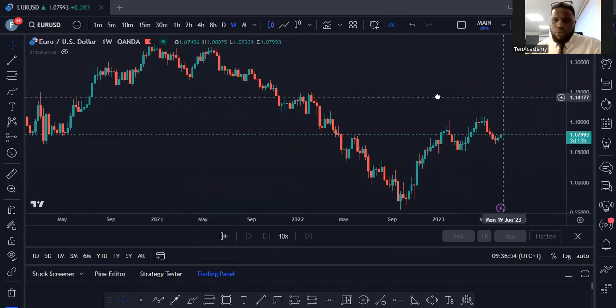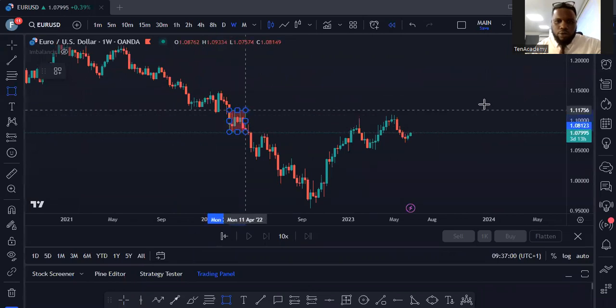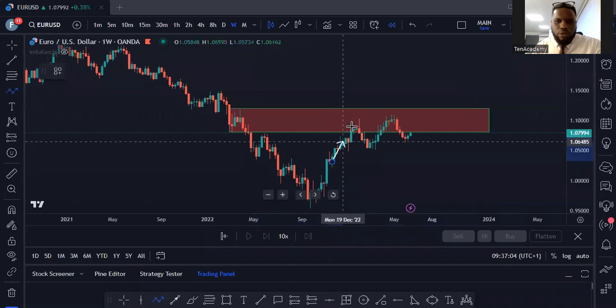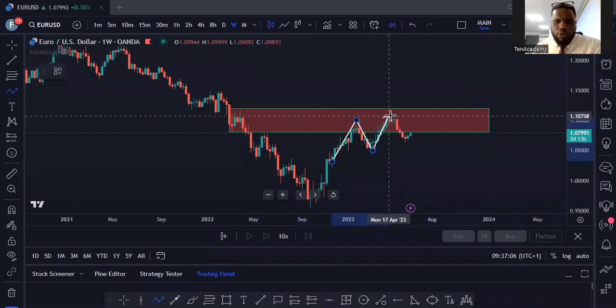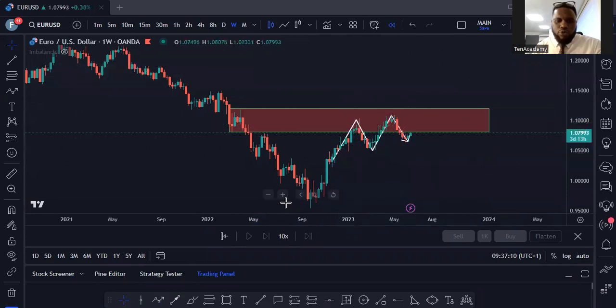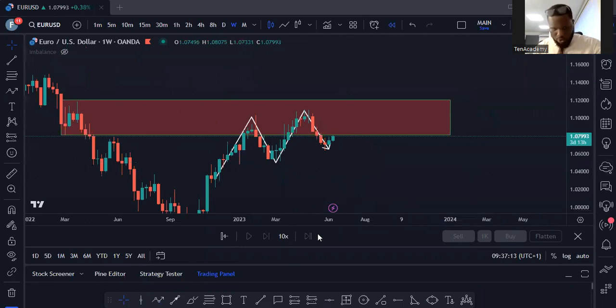So I see supply here. Okay, I see a double top here. Double top, as you know, might be a setup for inducement.